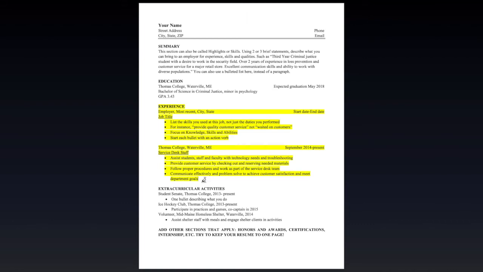Sometimes I get questions about if you had different jobs at the same employer and how to fit that into a resume format. Say that at Thomas College you worked as a service desk staff person for these years, but you started out as something else.